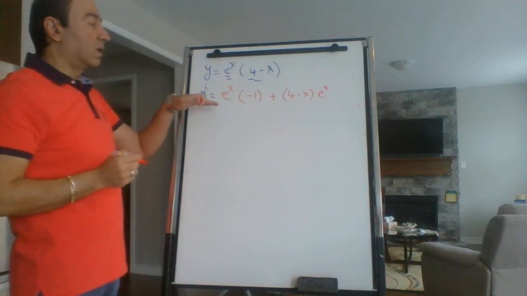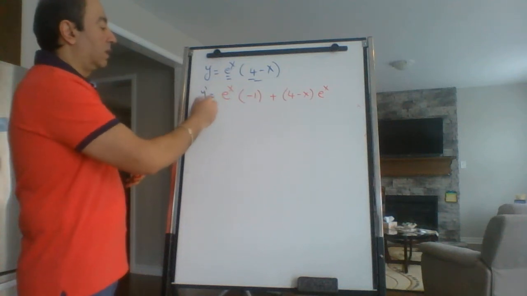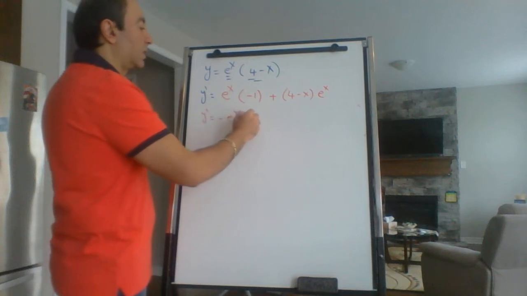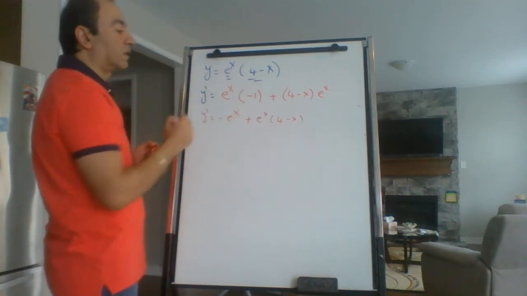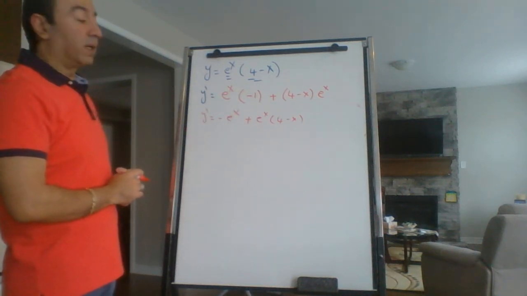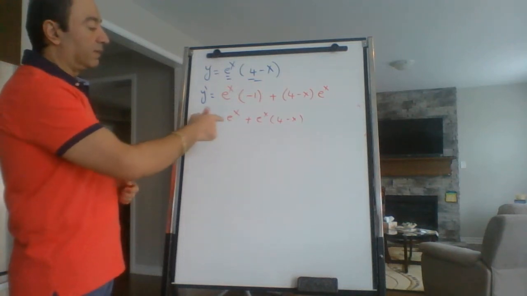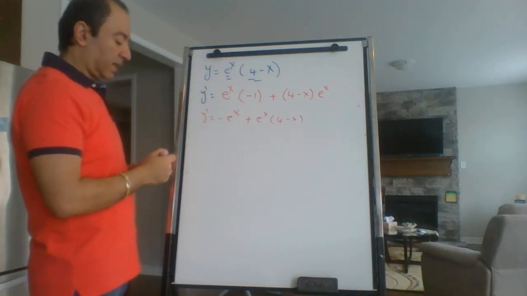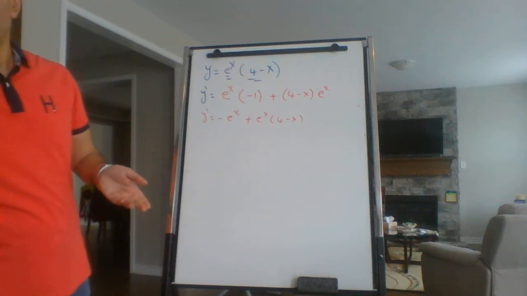We can work from here as y prime equals negative e to the power of x plus e to the power of x times 4 minus x, and we can find the derivative from here. Or we can factor out e to the power of x, which is common, and work from there. I prefer the second way, but both of them are fine.